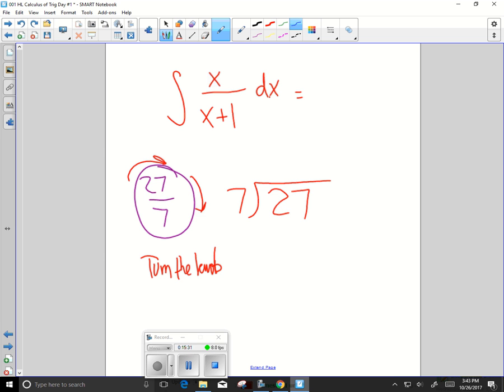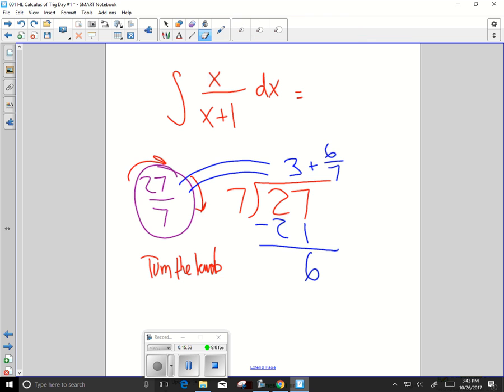And 7 times 3 is 21. You reduce it by 21 and you get 6. And so you have a remainder of 6. But we don't say a remainder of 6. We say it's plus 6 sevenths. And so now we've written 27 sevenths as 3 and 6 sevenths.